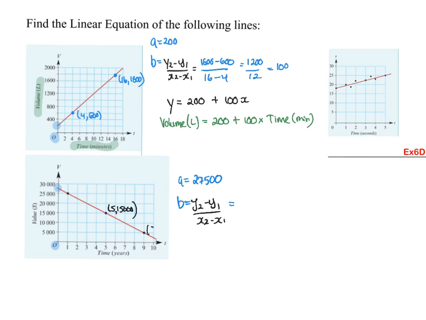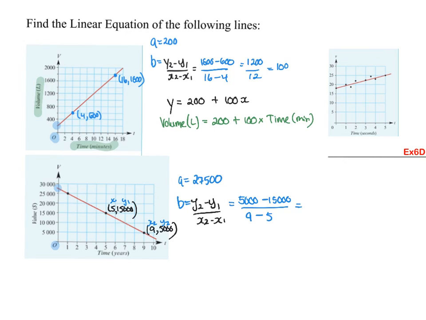And I'm going to use this one, 9 and 5,000. So I'm going to call this one x1, y1, x2, y2. So I've got 5,000 minus 15,000 over 9 minus 5.